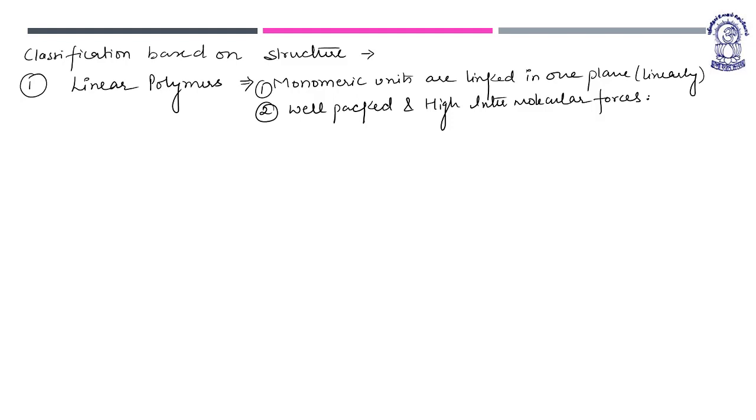They have high densities because of large intermolecular forces. Their tensile strength is very high. Tensile strength means you can bring about a change in the length of the material, so they are stretchable.